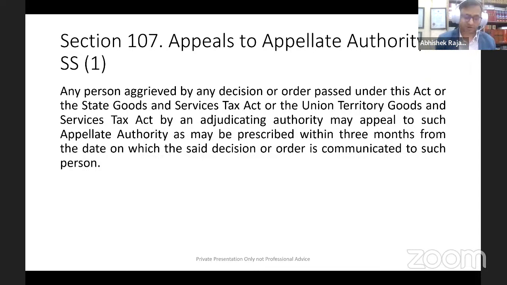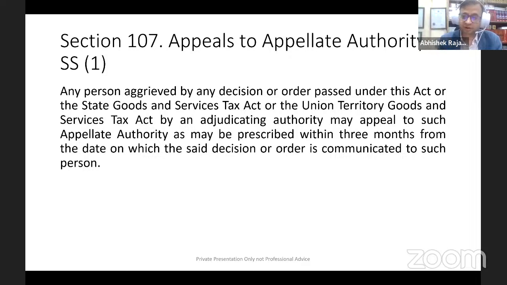So the first thing, when we read this section, any person aggrieved. While drafting the appeal, the first thing we have to write, or let's say it is advisable to write, is that I am in receipt of this order, or this order has been served to me on this date.